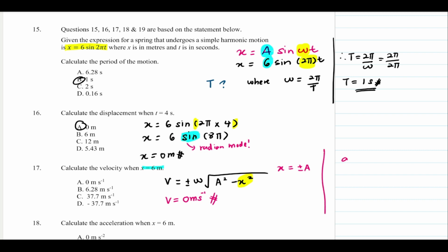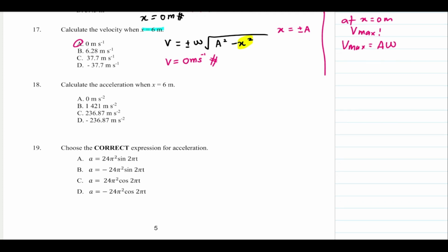Ingat, at X equal to 0, dia terbaliklah. V adalah maximum. Okay. Iaitu V is equal to A omega. Boleh ke? Okay. Senang saja kan? Okay, so jawapan dia A lah tadi. Kosong. Okay, next question number 18.